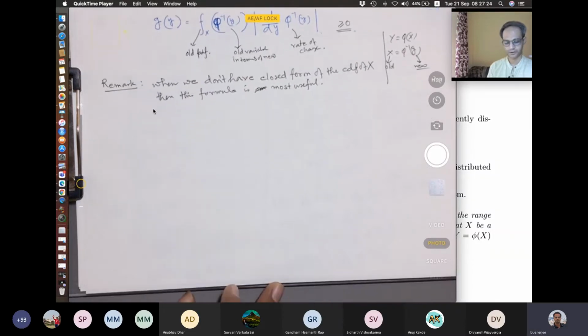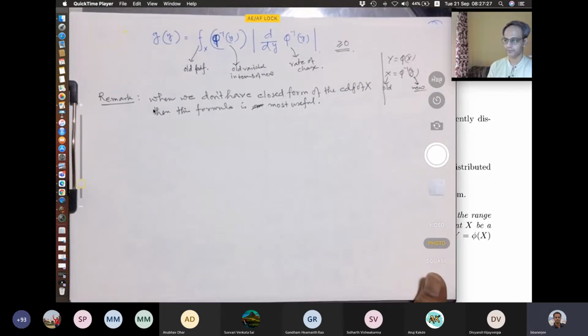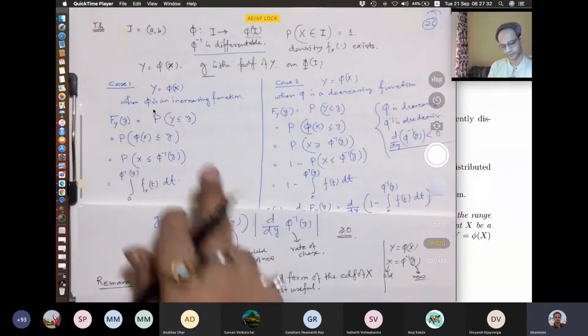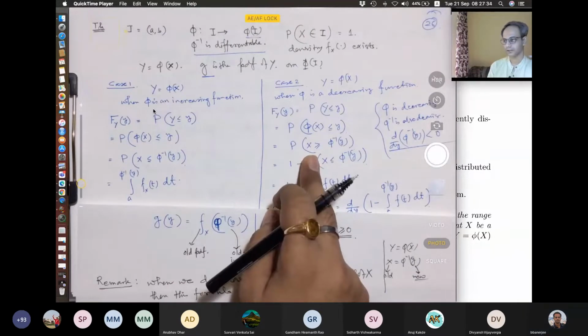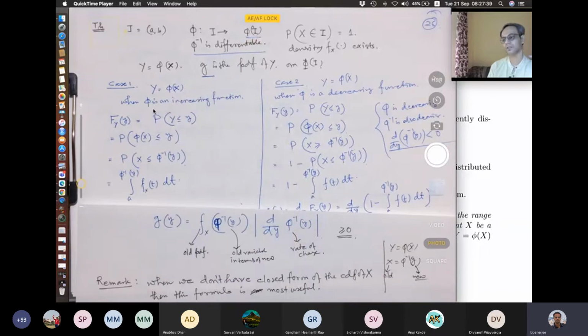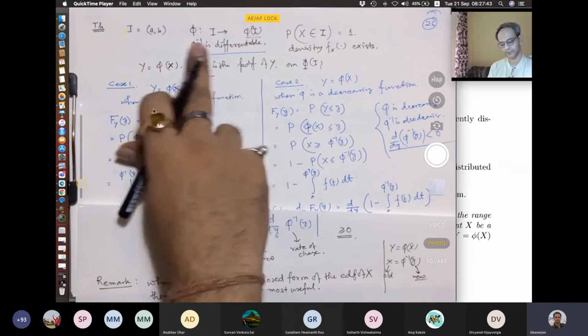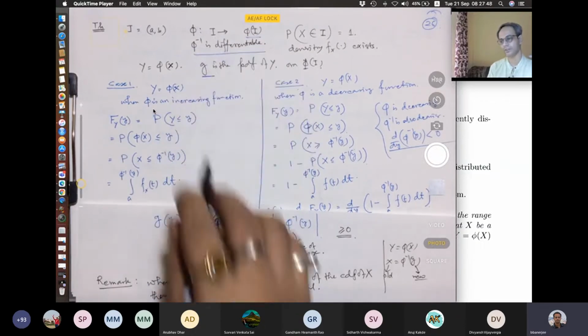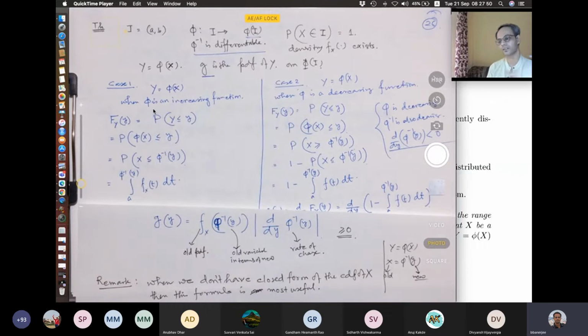Because in many problems you will face when you want to use this kind of formula, you will not get one function which is strictly increasing or strictly decreasing over this range. Over the range of I, you may not get phi which is strictly increasing or strictly decreasing. So you have to split them over different parts where it is strictly increasing or strictly decreasing.